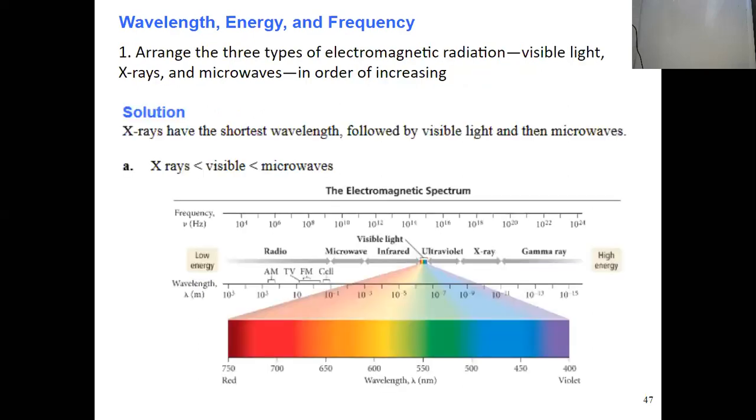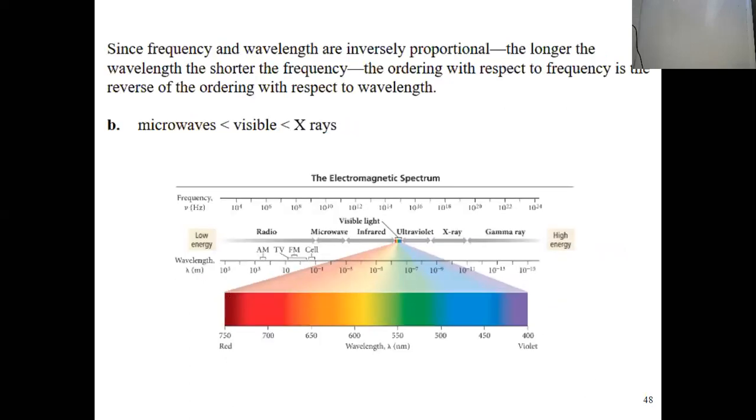So first of all, with the wavelength, your X-rays here are going to have the shortest wavelength because they are the most high energy. The visible comes next and then the microwaves. For frequency, the opposite is going to be true.